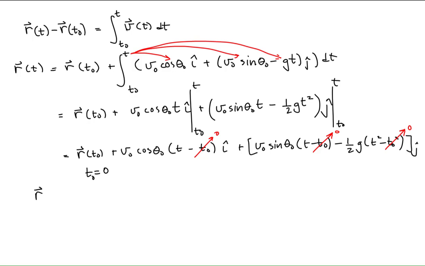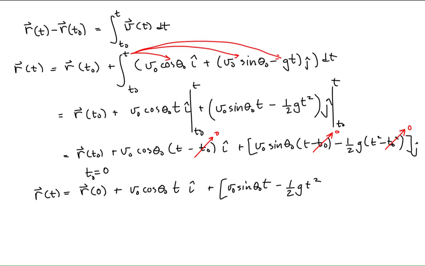What we have then is our position as a function of time is equal to our initial position at time t equals 0 plus v naught cosine theta naught t for the x component plus v naught sine theta naught t minus 1/2 gt squared for the y component.